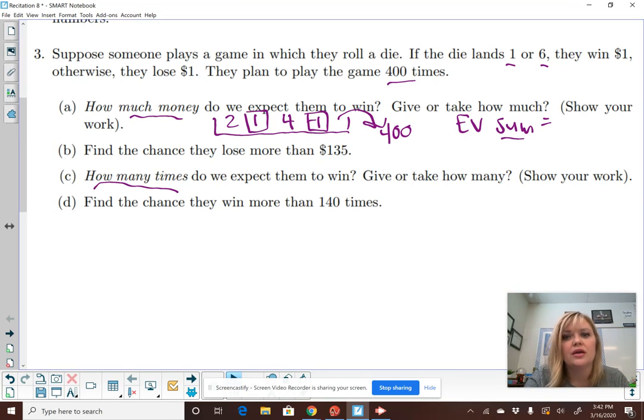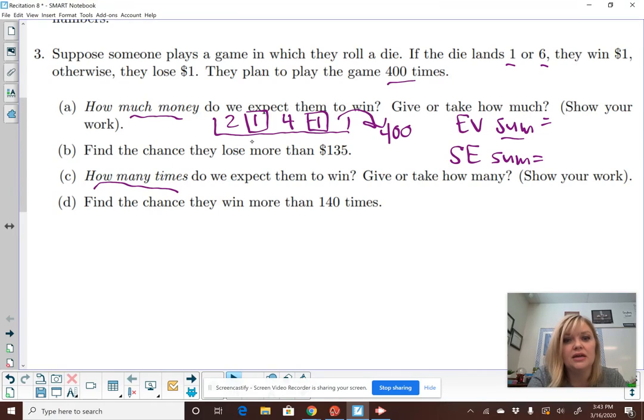So with this model where we're replicating rolling a die 400 times, then the give or take will be the standard error of the sum of the draws, which is similar to the SD of the sum of the draws. But anyway, it will be the SE sum. And those formulas you should have in your notes. I really hope that you still have them. If not, let me know. But that's what you would do for part A.